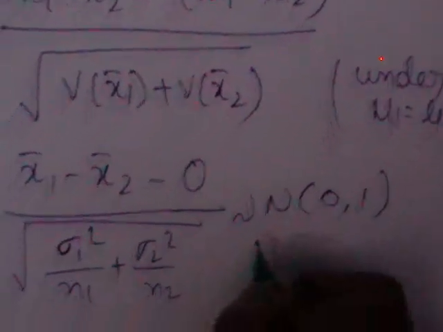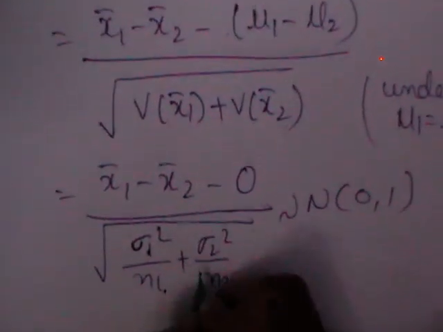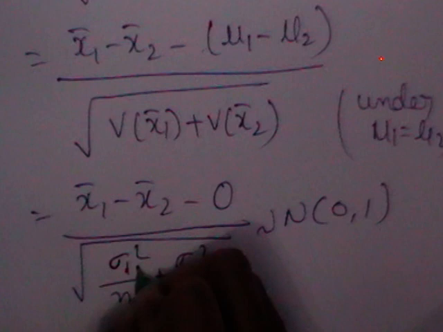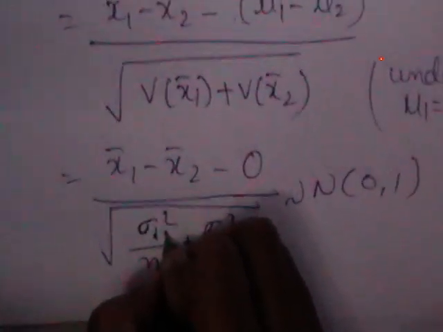I think here you will have three cases: when the variances are known and when they are unknown. This is the known case. When those are unknown, you are going to replace them with s1 square by n1 plus s2 square by n2, so under case 2 you will get x1 bar minus x2 bar by root over s1 square by n1 plus s2 square by n2.